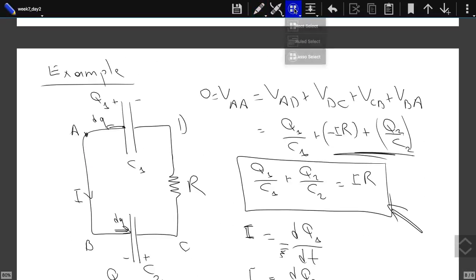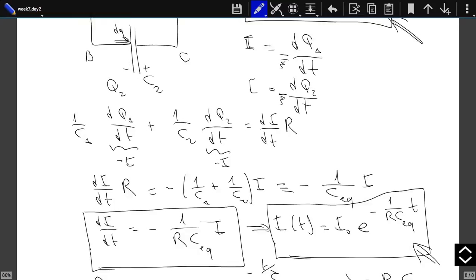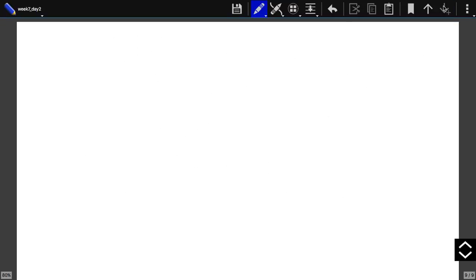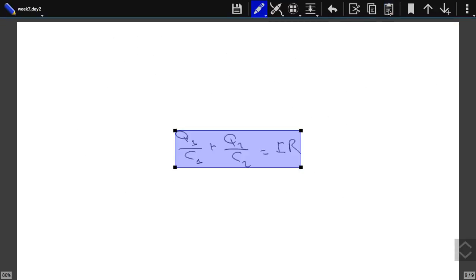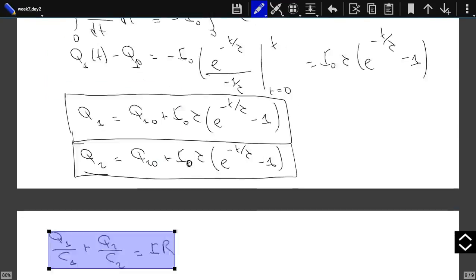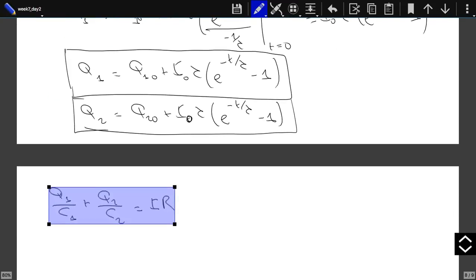You see, our solutions should still satisfy this equation. Now we have determined q1 and q2.